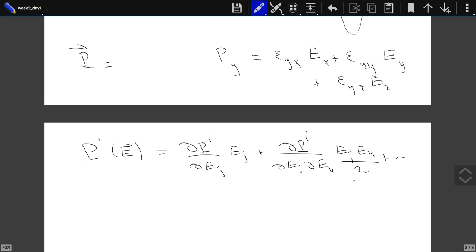Those are the nonlinearities. Now, this term might be small, but no matter how small, I have the product of two electric fields. For a sufficiently strong electric field, this term might be as important as this term. So in fact, any medium becomes nonlinear for sufficiently strong fields.